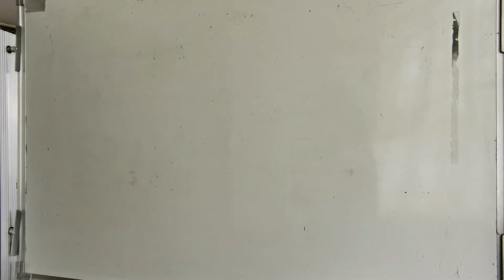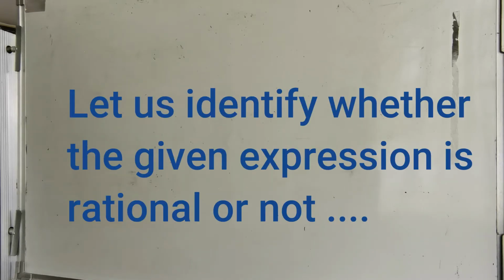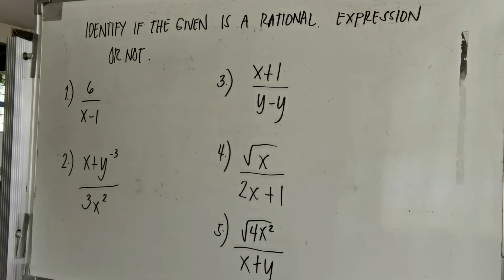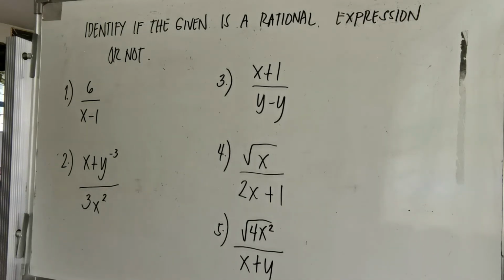Okay, now discuss natin ano-ano ba yung sample ng rational expression. Okay, so let us have these given exercises para ma-identify natin ano-ano ba yung mga given na kino-consider natin as rational and ano-ano naman yung hindi. Okay, so for number 1, we have 6 over x minus 1.